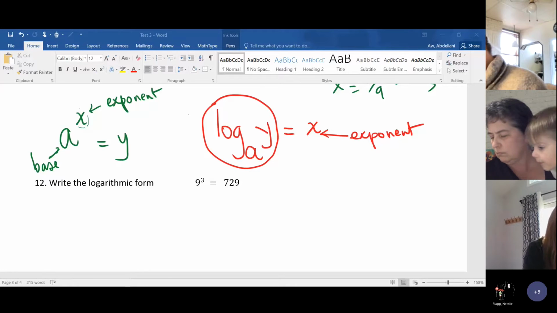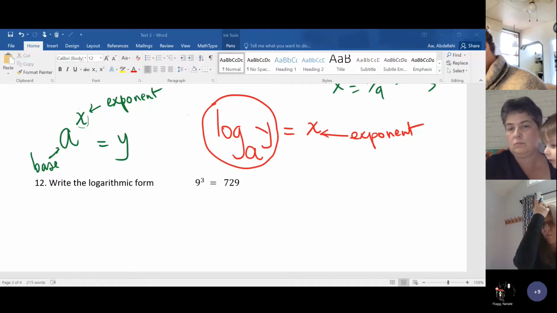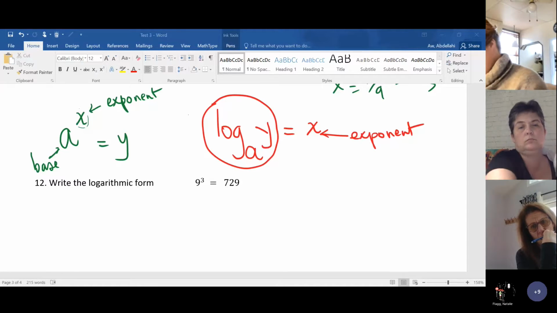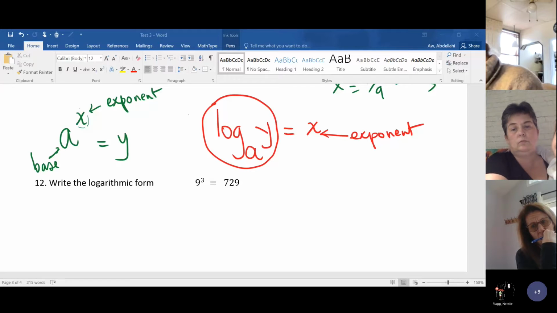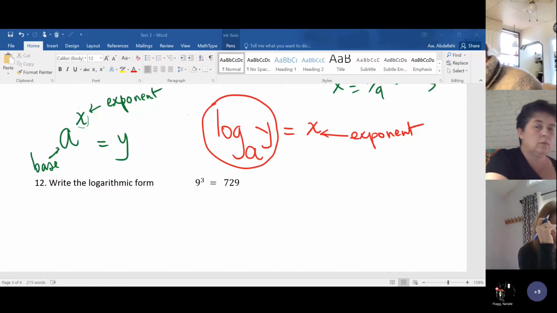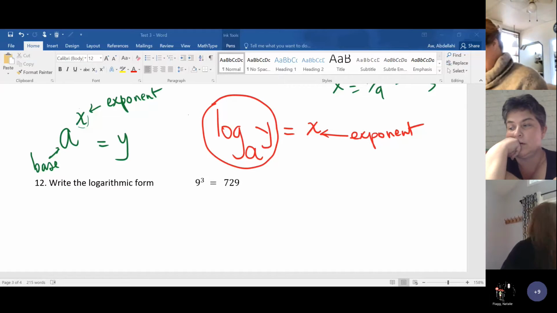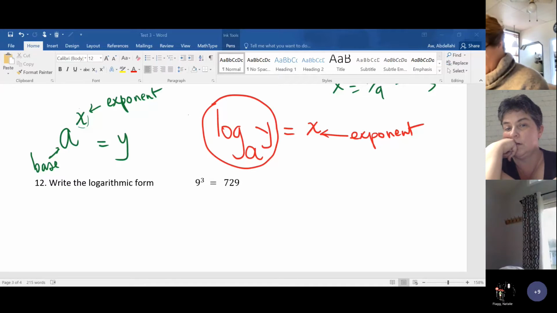That is the definition of log. So what is a log? It is another way to express the exponent. And that is the simplest way to introduce log to somebody who never saw log before: log is another way to express the exponent.